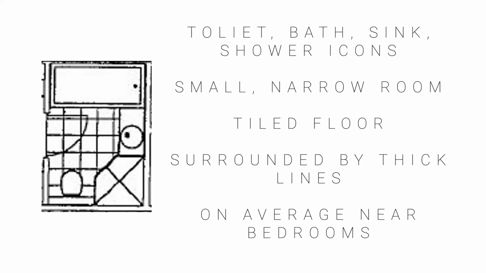So it could be saying pretty confidently that this is a bathroom. And it could also be seeing that bathrooms on average are close to bedrooms. This could then be further backing it up, and it could be confidently predicting this space that we see here as a bathroom.